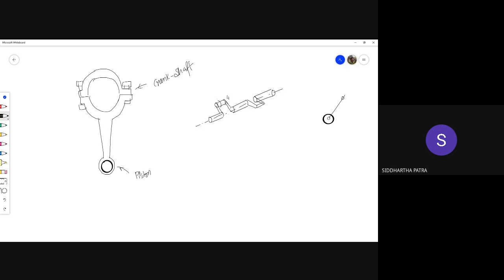Now our job here is to determine the mass moment of inertia of the connecting rod. Number one is, why do we need to determine the mass moment of inertia?